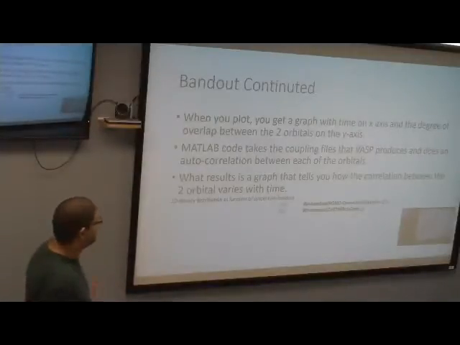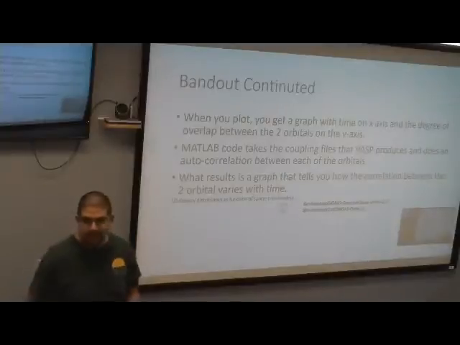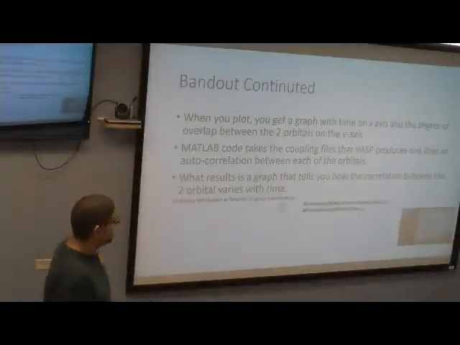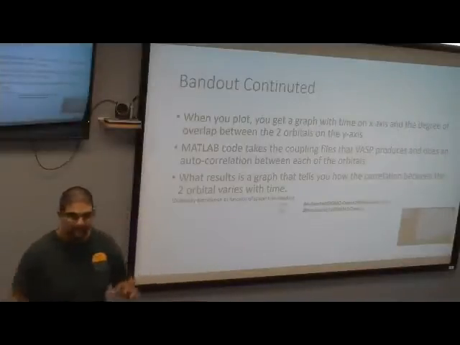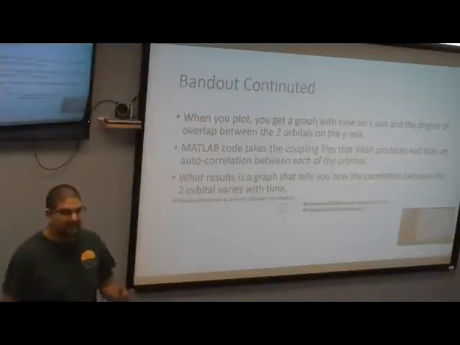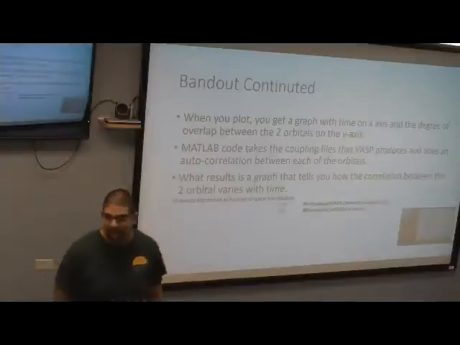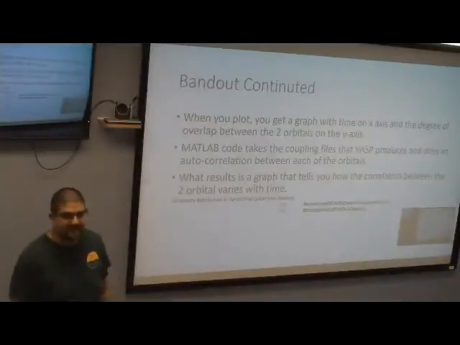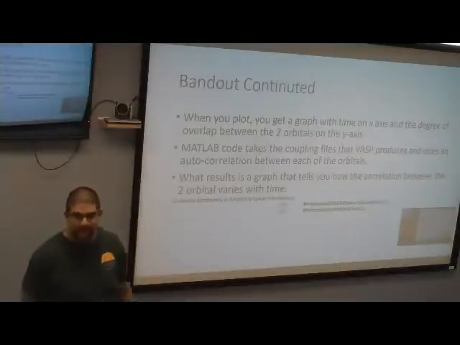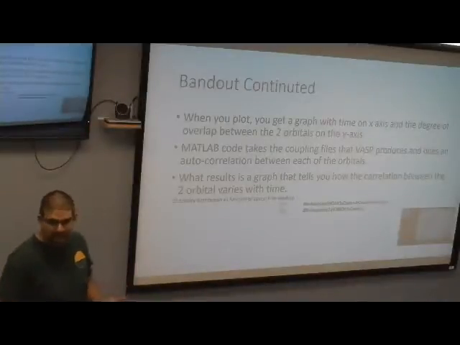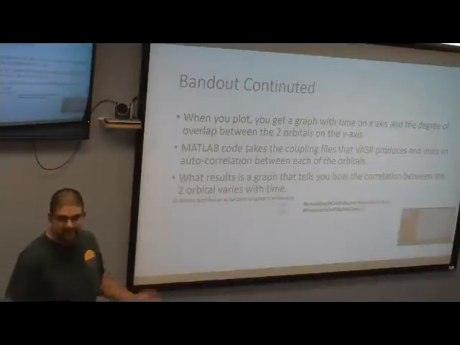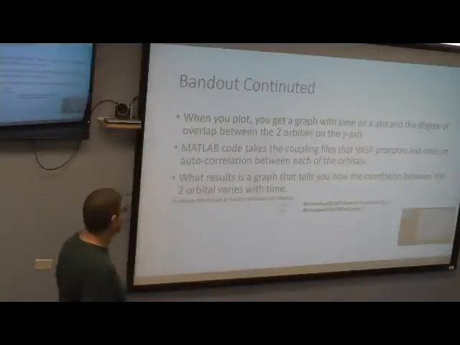Matlab then takes the files that you make in BOS, and it does an autocorrelation. I don't know if you remember last week, when David was presenting his talk on autocorrelation, on his first slide there was an integral equation. That's essentially what Matlab is doing when it's doing autocorrelation, and that equation is essentially a Fourier transform.